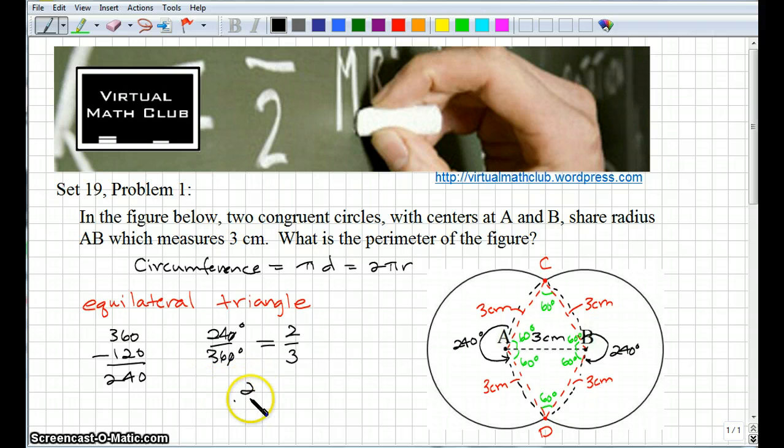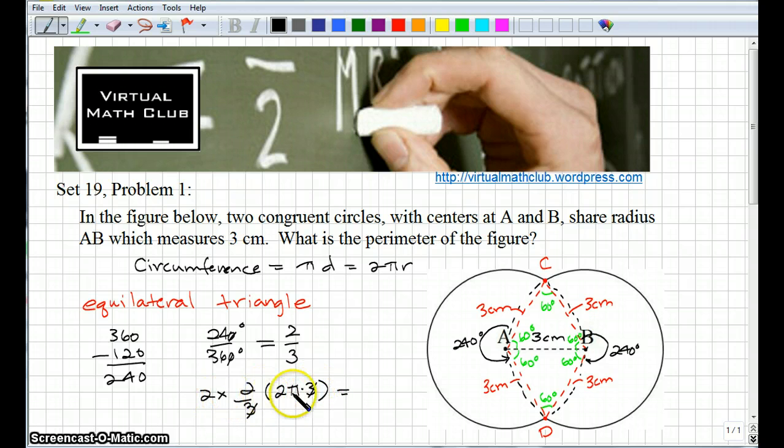So we have 2/3 of the circumference of a circle, which is 2 pi r, and r in this case is 3. And we've got two of them, because we've got this arc, which is 2/3 of a circle, and this arc, which is 2/3 of a circle. So 2 times 2/3 of a full circle. We can compute that out. You can see that this 3 and this 3 will cancel, it'll just make 1.